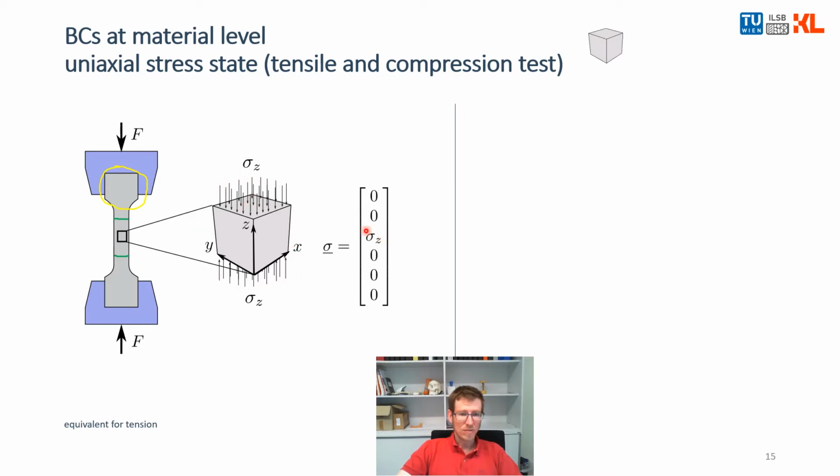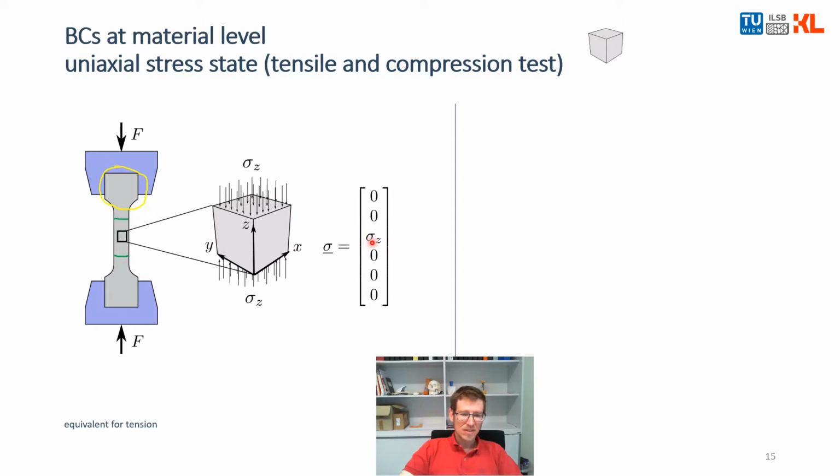We have a value here, and all the other values are 0. And we can quantify this value. How can we do that? Well, we measure the force we apply with the testing machine, and then we divide the force by the cross-section area of the sample. We can measure the cross-section area of the sample, and then we can calculate the stress. So we know that number.